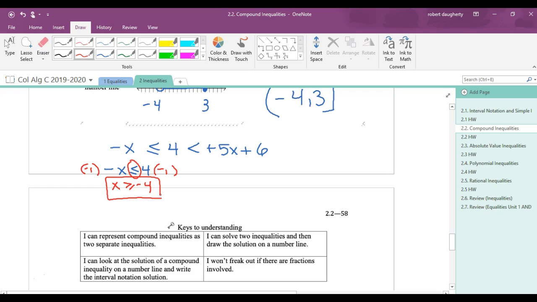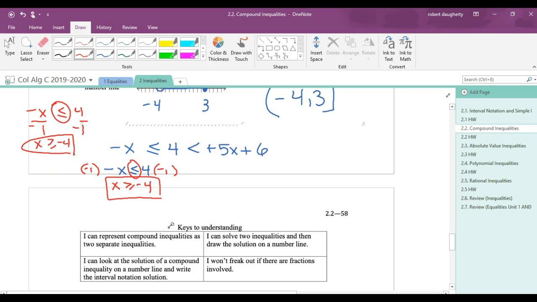Either way, same thing. If you had negative x less than or equal to 4 and divide by -1, I get the same thing. This has to change, so this is x greater than or equal to -4.